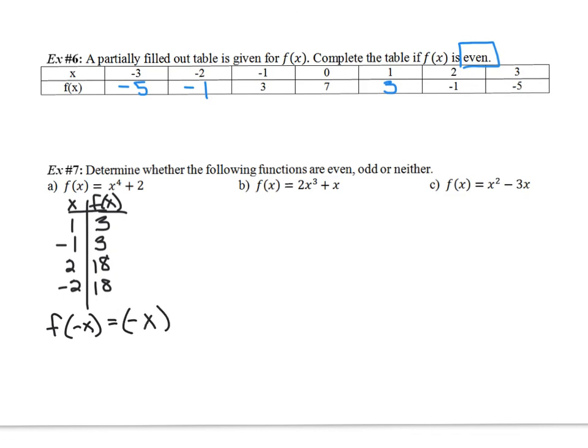So negative x would be raised to the 4th power, and then I'd add on 2. So I find out that f of negative x is really the same exact function as f of x. So when I start out with an f of negative x and I see that it turns out to be the same, that of course tells me that I have an even function. So pause the video for a minute and you try exercise B.